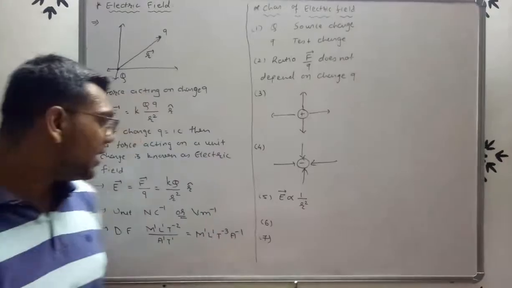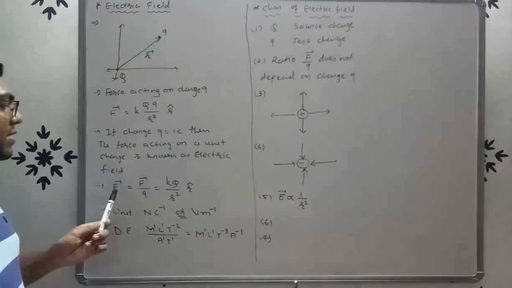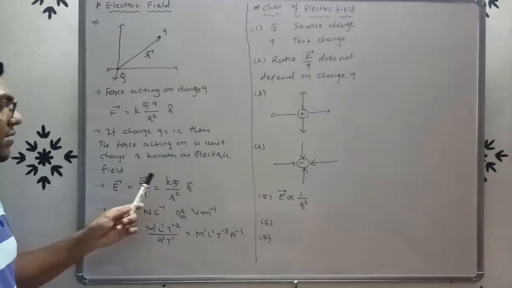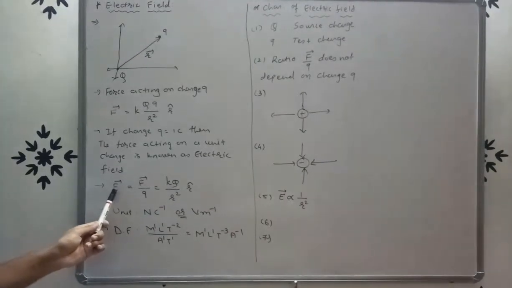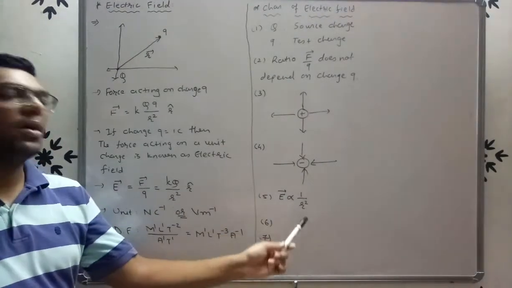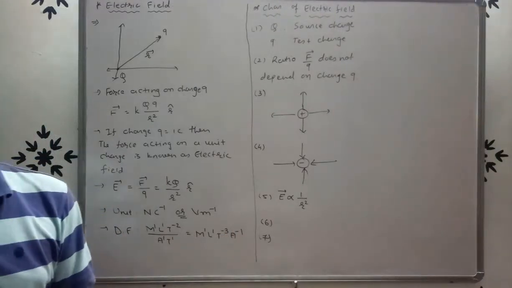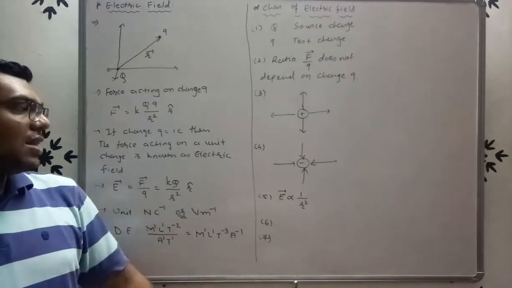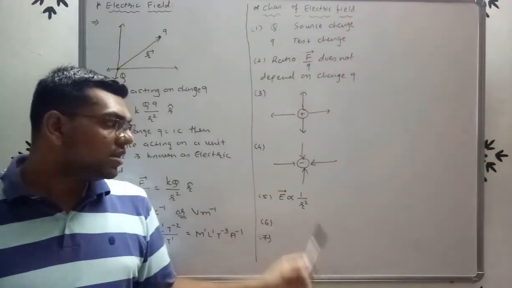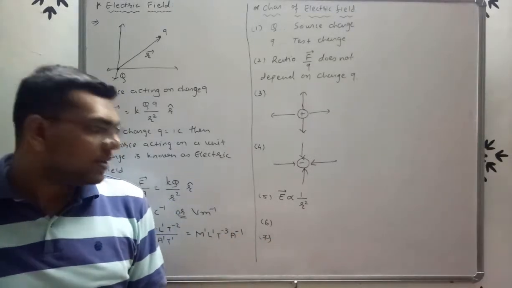Number 5, here you can see the equation of electric field E equals KQ upon R square. So we can say that E is proportional to 1 upon R square. Right? So we can say that the electric field is inversely proportional to the square of the distance.